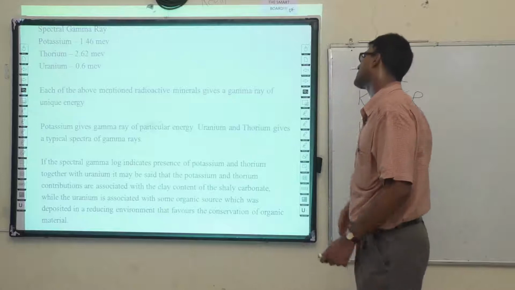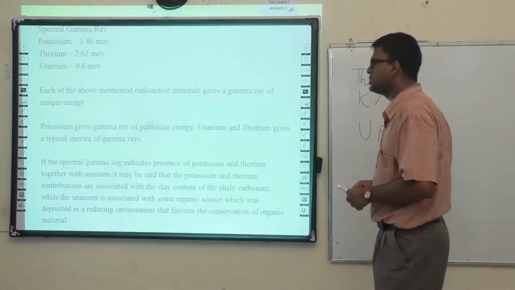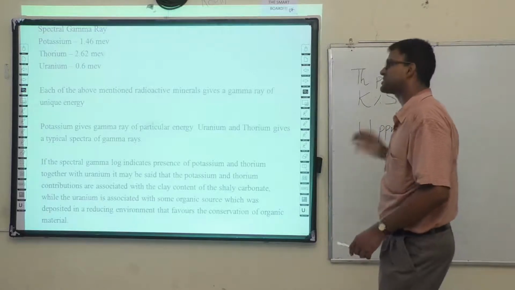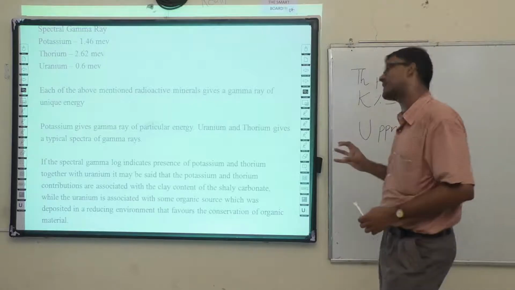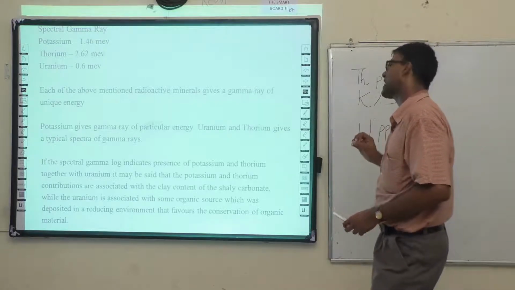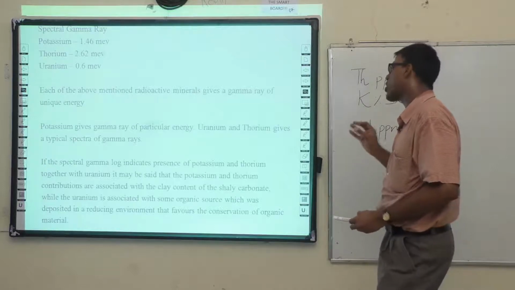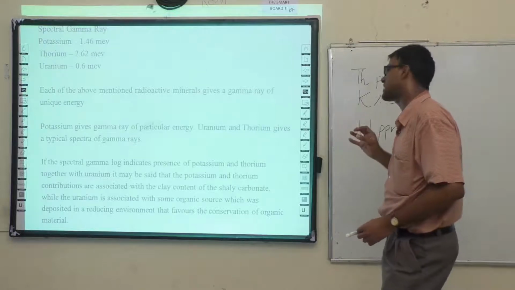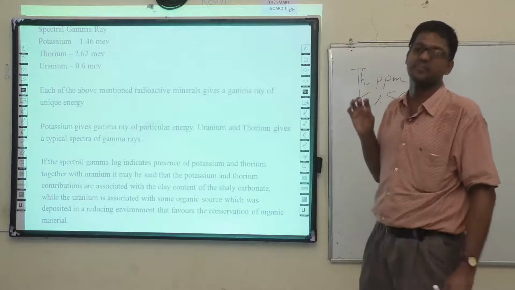See, if a spectral gamma ray log indicates the presence of potassium and thorium together with uranium, it may be that the potassium and thorium contributions are associated with the clay content of the shaley carbonate, while the uranium is associated with some organic source which was deposited in a reducing environment that favors the conservation of organic material.